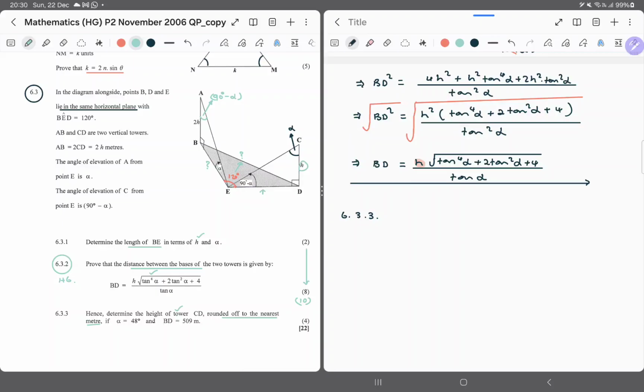So what do we know? We know that when we cross multiply, maybe let's write it. BD has been found to be h into the square root of 10 to the exponent 4 alpha plus 2 10 squared alpha plus 4 divided by 10 alpha.